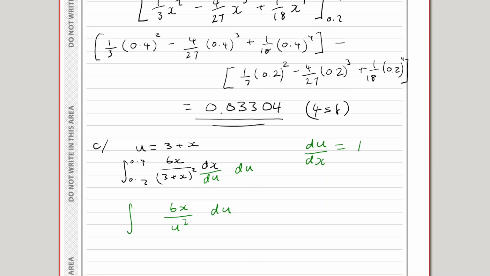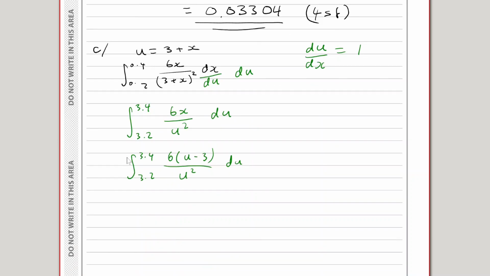And if x is 0.4, u is 3.4, x is 0.2, u will be 3.2, and 6x is 6 lots of u minus 3. So we should be able to integrate that now. So 6u minus 18 over u squared.